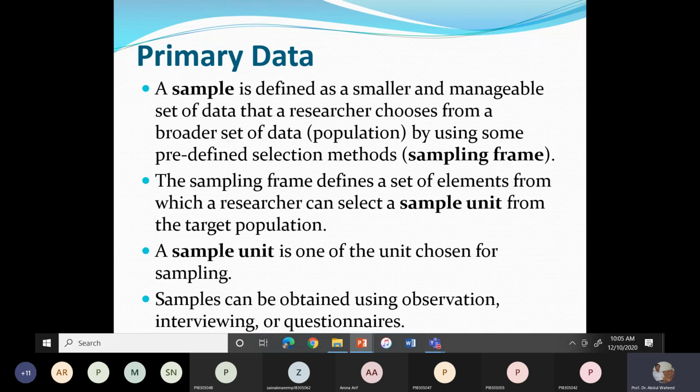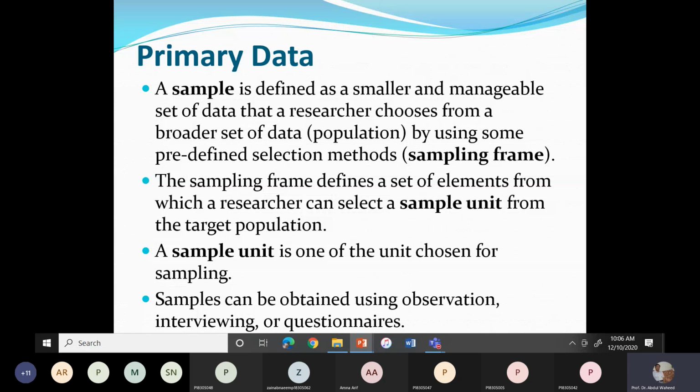When you destroy that item, then you will be able to know whether the product is defective or non-defective. Now in this case, if you get the data for the entire population, this means you have to destroy all products, which is not a rational way to identify. That's why, in this case, we have to get a sample.